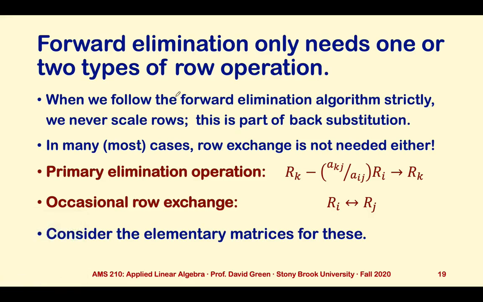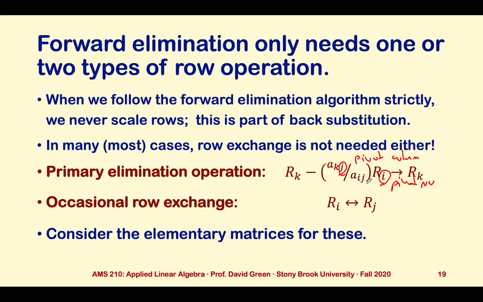Right? I is our pivot row, and in this case, J is our pivot column.